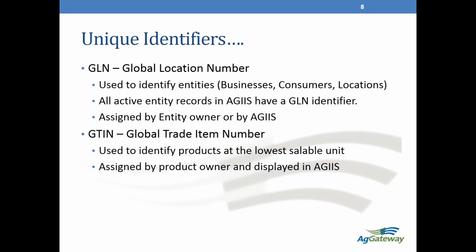There's also the GTIN, which is the Global Trade Item Number. It's used to identify products at the lowest saleable unit, and it's assigned by product owners and displayed in AGIIS. AgGateway works with GS1, which is a global standards organization, to provide these unique identifiers within the AGIIS system.